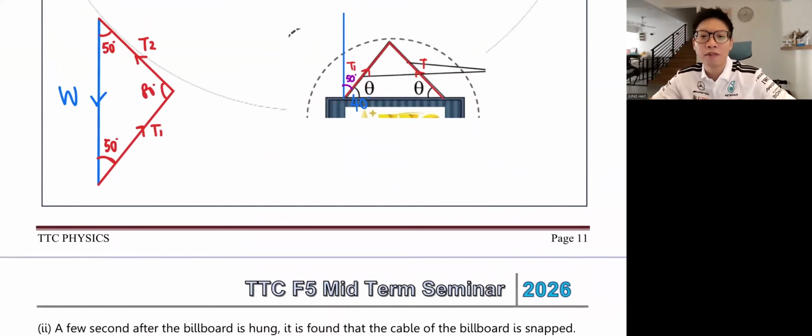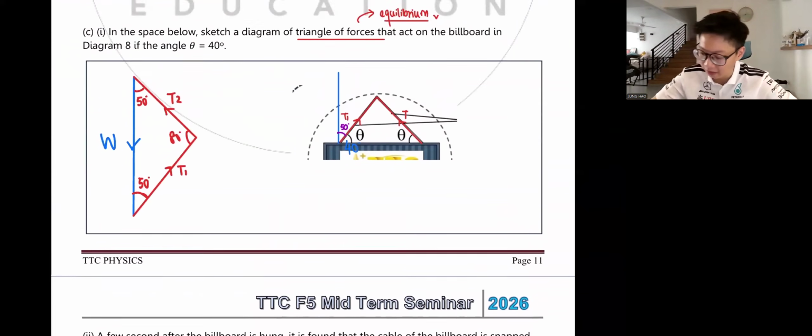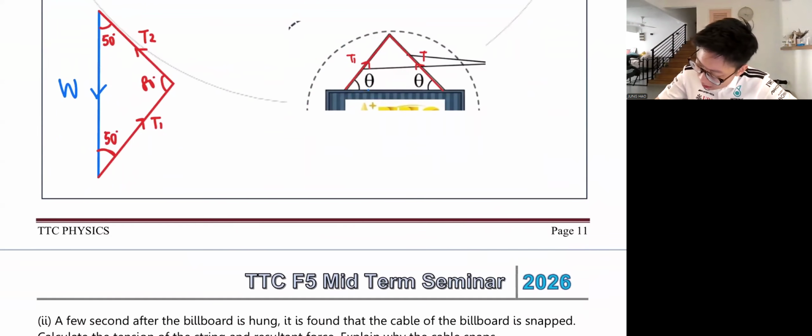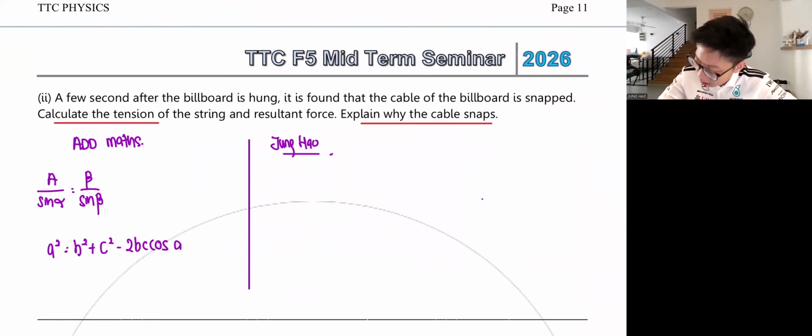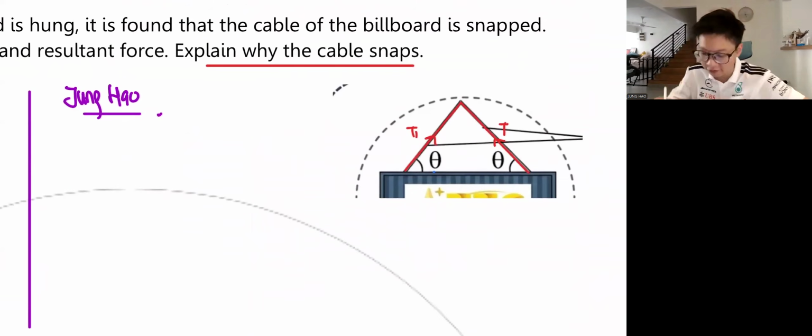So what you will see at the bottom part here is what is Jung Hao Punya method. Jung Hao Punya strategy is very similar, but we do something a bit different. I will draw this into a cross first.